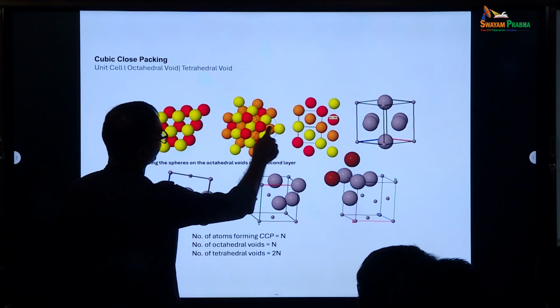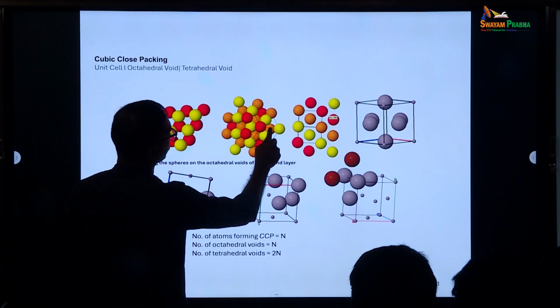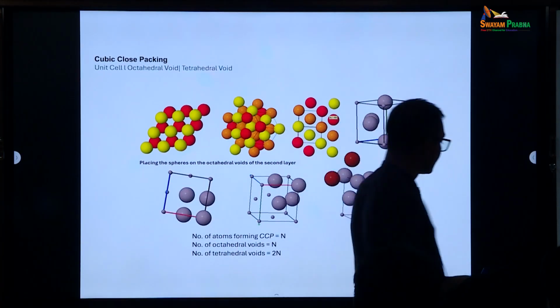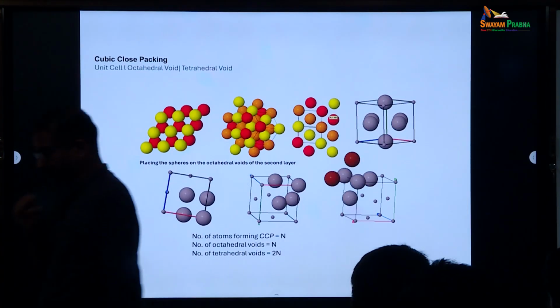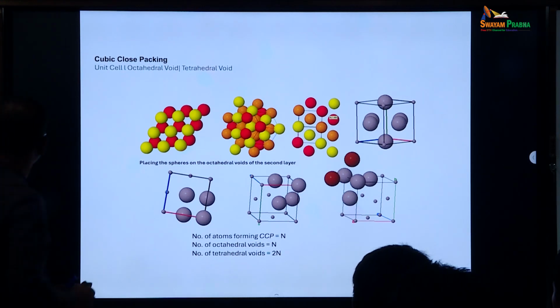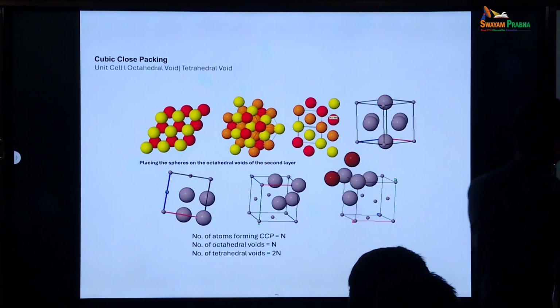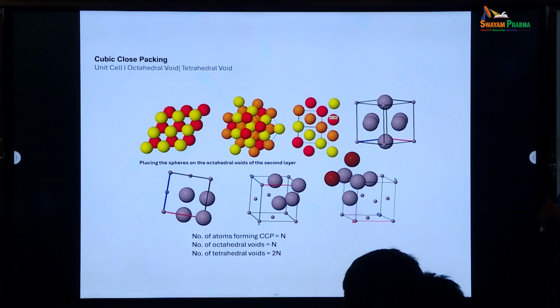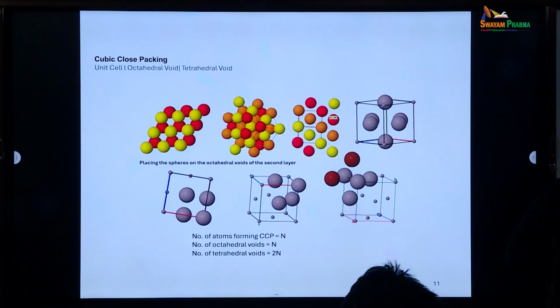If you take a cube, let us put atoms in the corners, also in the face centers. Okay, then it is called a face-centered cubic lattice.